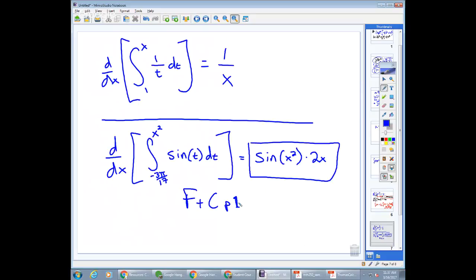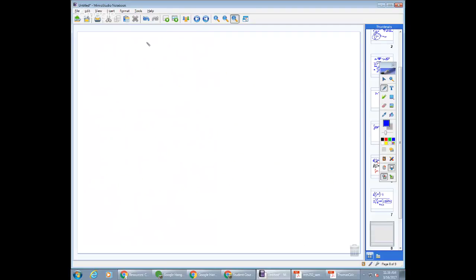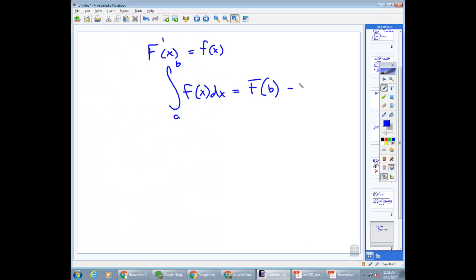All right, let's try. Part 2 says you can use any antiderivative to evaluate. So fundamental theorem part 2 says if capital F prime of x equals little f of x, then the integral from a to b of little f of x dx has to be equal to capital F of b minus capital F of a.